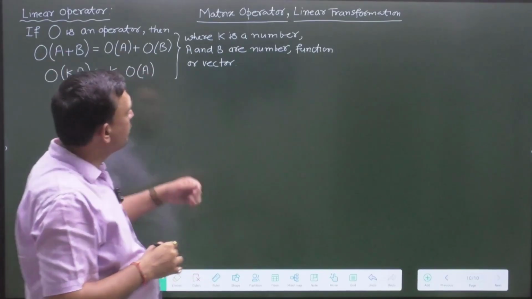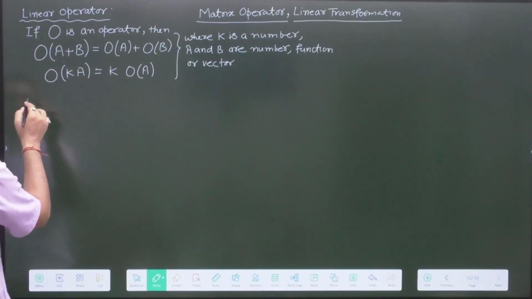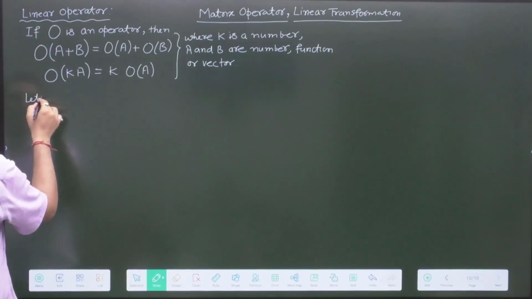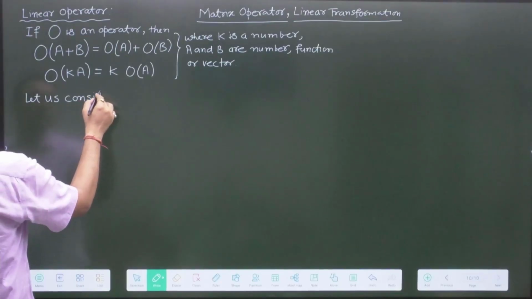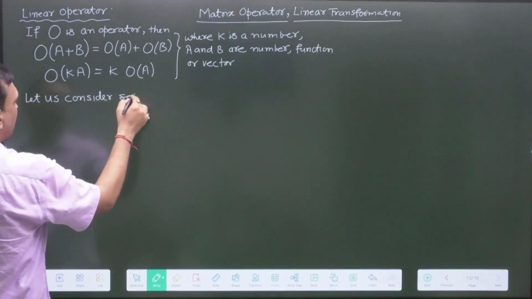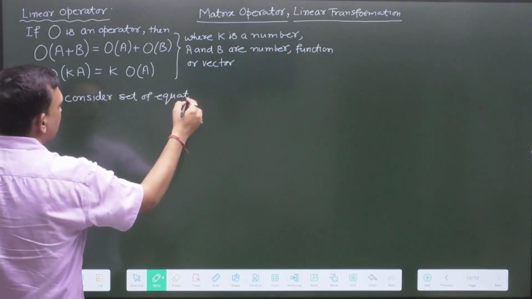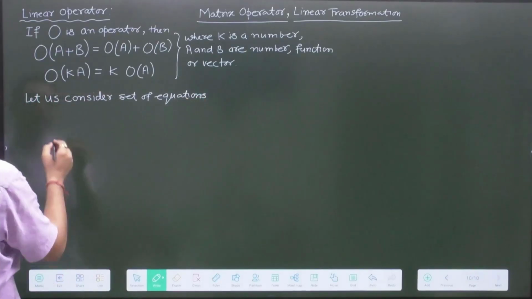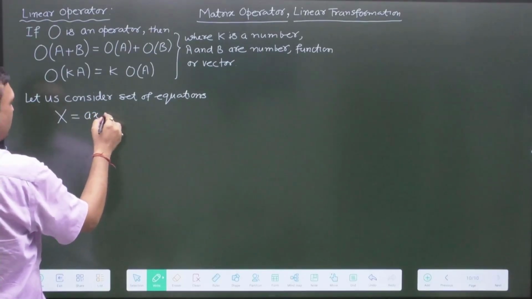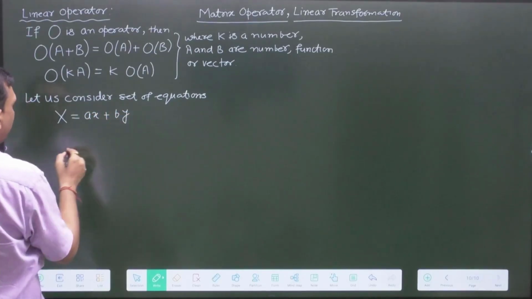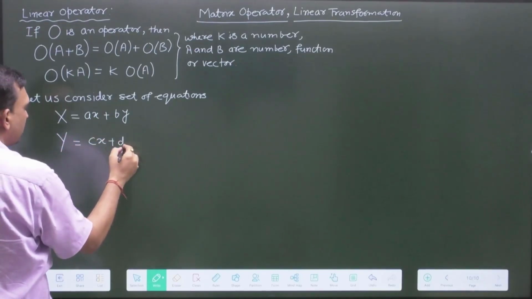So we have to see matrix as a linear operator. So let us first consider a set of equations: capital X is ax plus by and capital Y is cx plus dy.